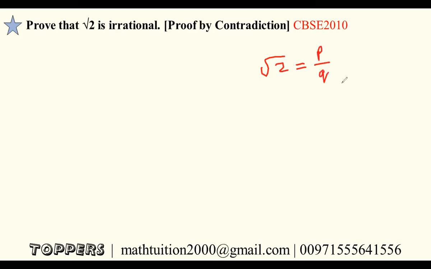But here this p and q, numerator and denominator, we will write in their simplest form, where they have highest common factor as only 1. P and q have only 1 as the common factor. In such a case we can call these co-prime. So here we can say p and q are co-prime, first part.